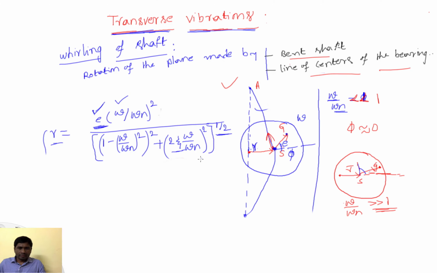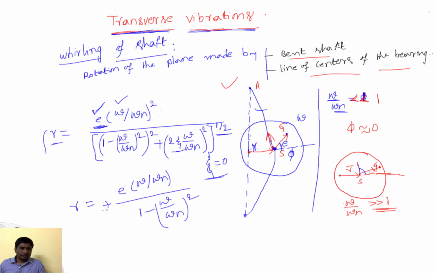And here, if xi is 0, that means if there is no damping in the system, this equation will become R equal to E into... So this is how it changes, and again this can be written as E by plus or minus, E by (omega by omega n) whole square minus 1. So here, what is the R? Actually, R is the distance moved by the shaft from the mean position.